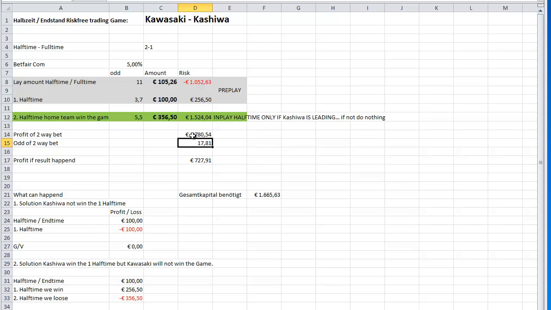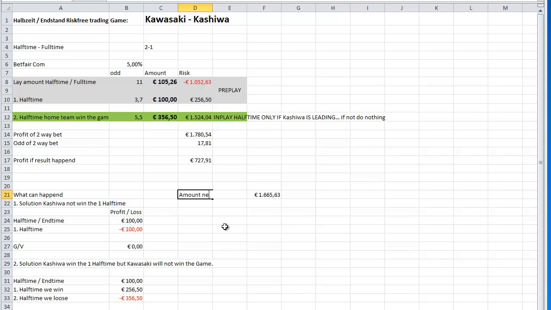You see, you won 1,780.54, but you have lost, if this situation happens, only 1,052.63. So the difference between these amounts is our risk-free profit of 727.91.